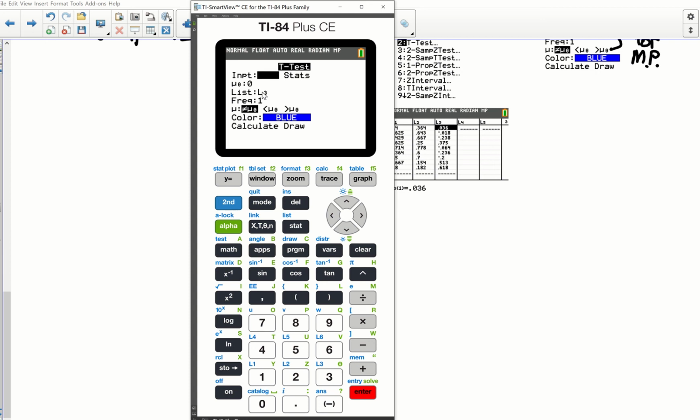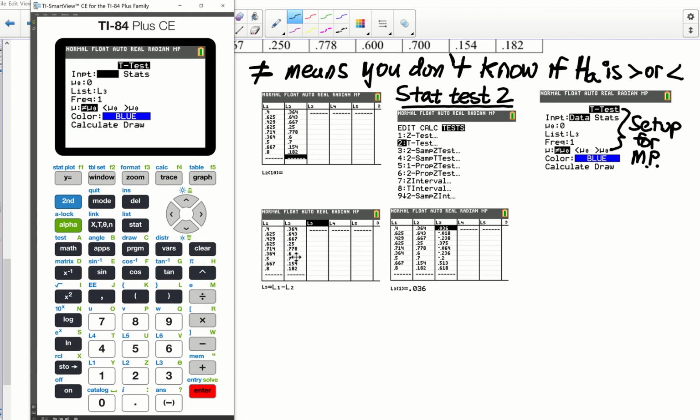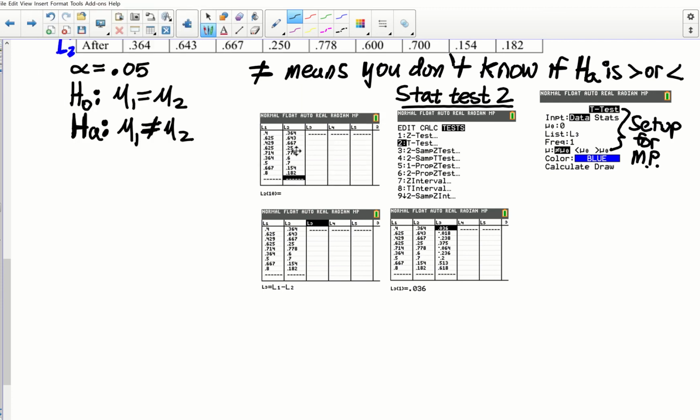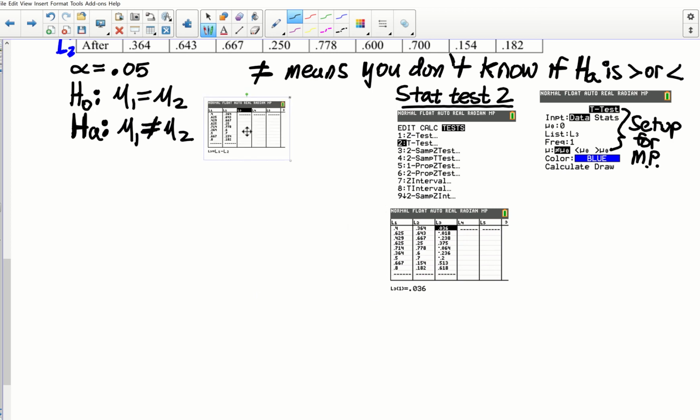When you're doing this on your own, you're doing this all in one shot. You're going from inputting the data to manipulating L3 to then doing your stat tests. I guess I don't even need to have that there anymore. It's going to be more like this.